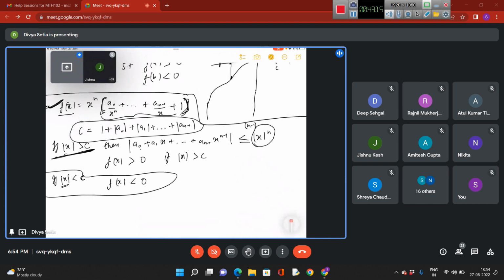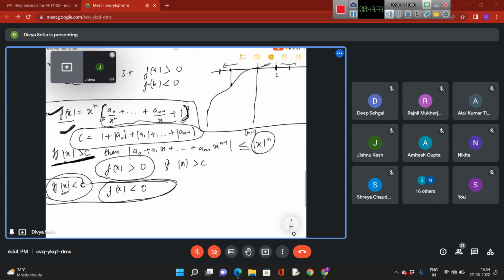You are constructing an artificial number, this c, such that whenever your x value is greater than c, your functional value will become positive, and whenever your x mod is less than c, your functional value will become negative. Try to do this calculation, how I am getting at this number, why we are using this number. Try to get this calculation, you'll get this result.